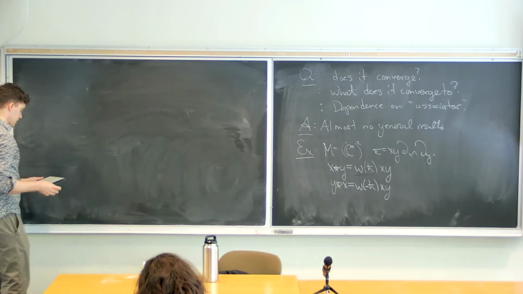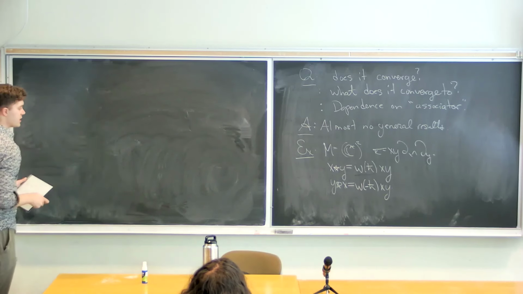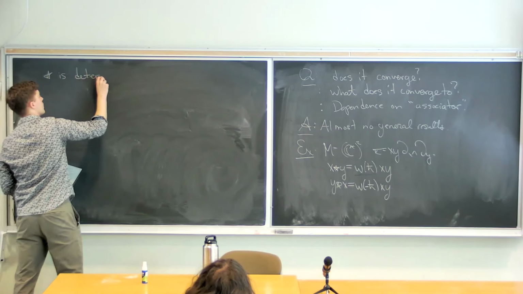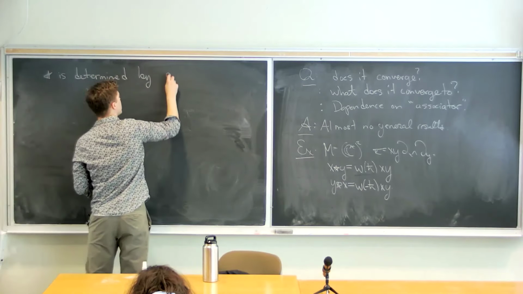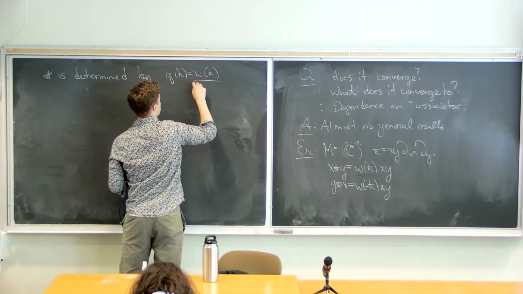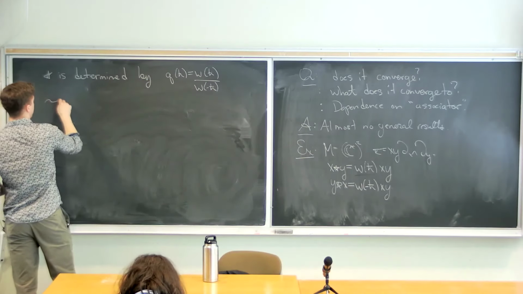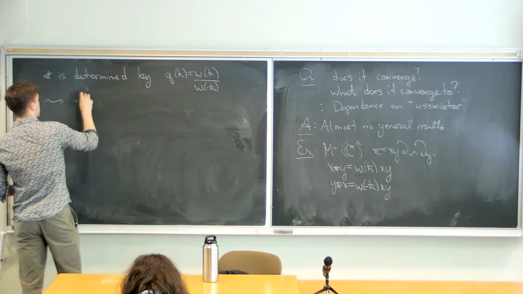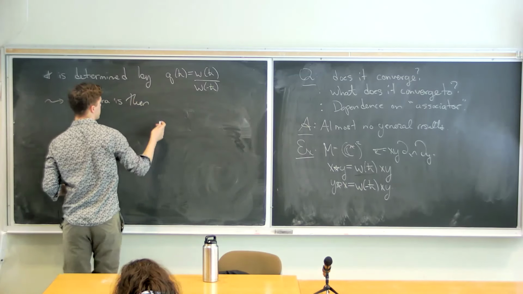Okay, but regardless, this means that the star product is determined up to isomorphism by this parameter. Let's call it Q of H bar, which is W of H bar over W of minus H bar. Then the algebra is this quantum torus type thing.